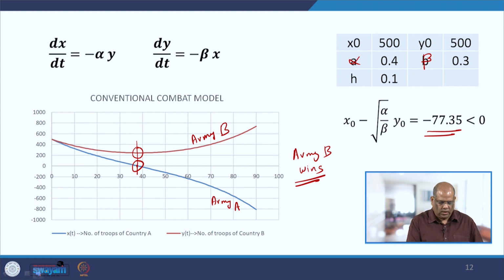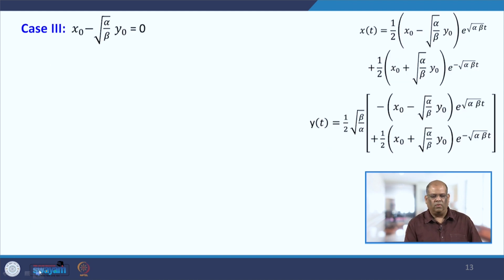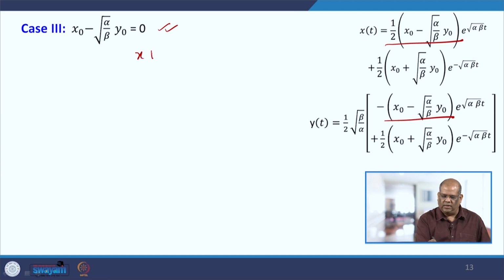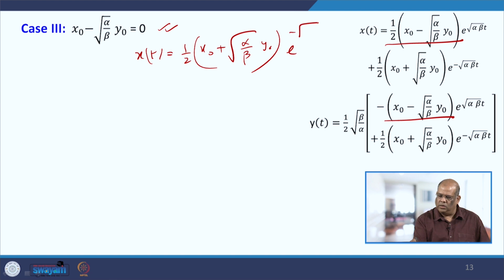And let us consider the third case where your x0 minus root of alpha by beta y0 is equal to 0. So, if it equals to 0, then from here what happens? Then this one vanishes, this one vanishes. So, what you get? You get your x(t) equal to half of (x0 plus root of alpha by beta y0) e to the power minus root alpha beta times t.